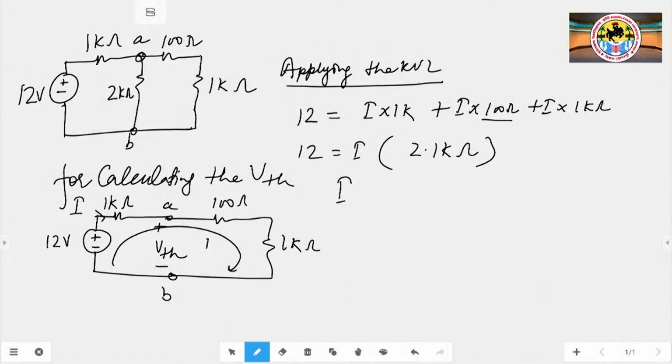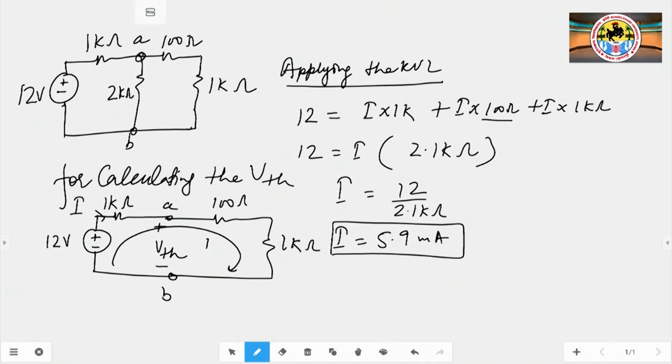So, I will be 12 upon 2.1 kilo ohm, which is around 5.9 milliampere approximately. So, the current from the source will be 5.9 milliampere.